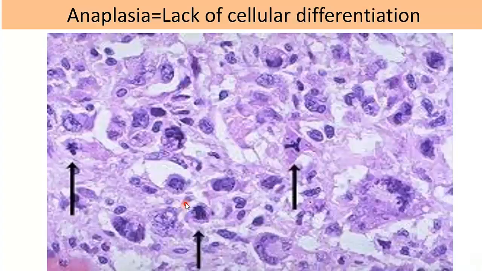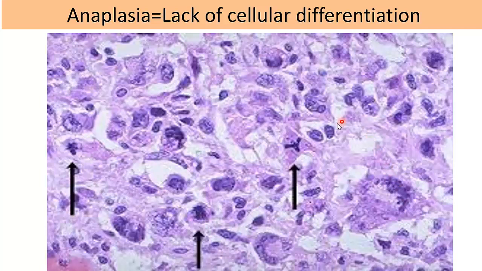Then there is a term which is anaplasia. What does anaplasia mean? Lack of cellular differentiation. When the tumor becomes high grade and it does not reproduce the cells from which it arose, then it is called anaplasia. Here we can see that the cells are very large, very pleomorphic, and they have high mitotic activity, abnormal figures.